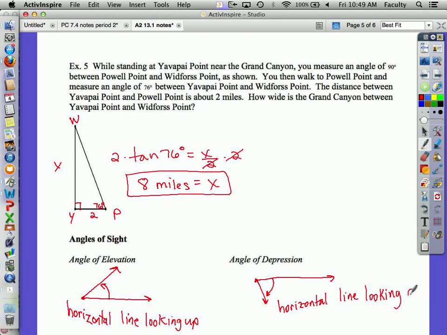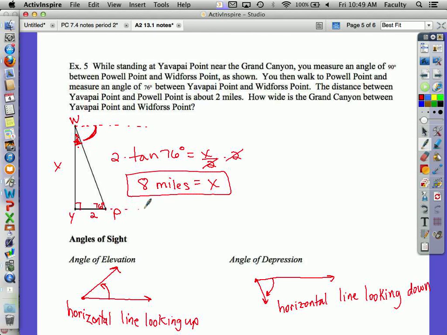And I want to point out, and it's just because my pre-calc students struggle with this, if you go back to our Grand Canyon picture, I have students who want to say this is the angle of depression. I'm like, that's not from a horizontal line. You have to create the horizontal line, and this is your angle of depression.